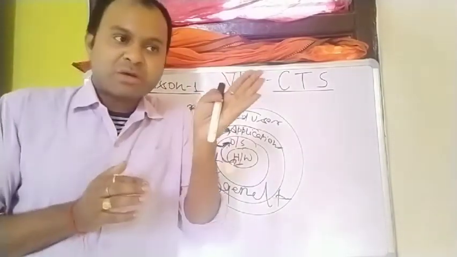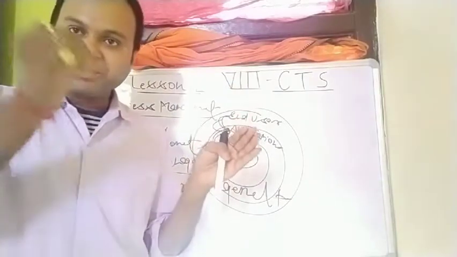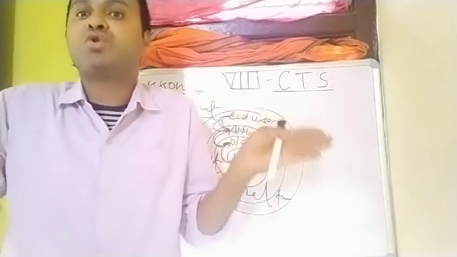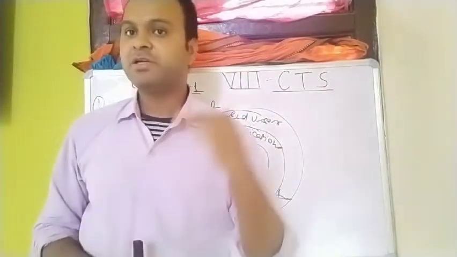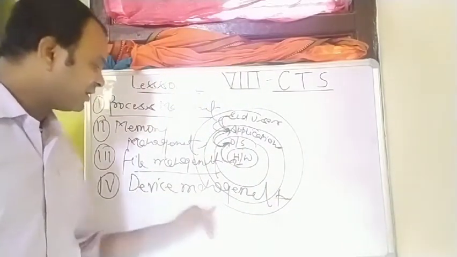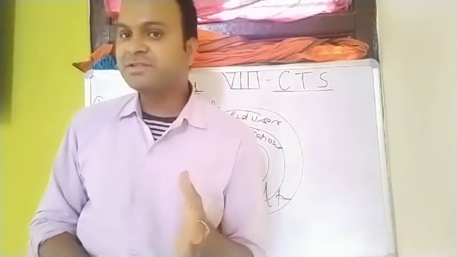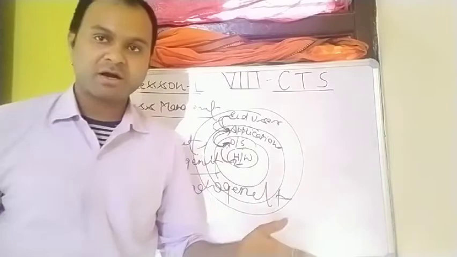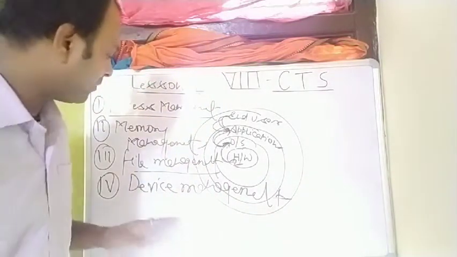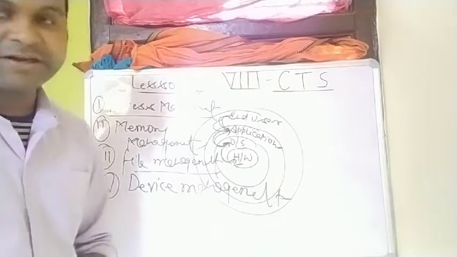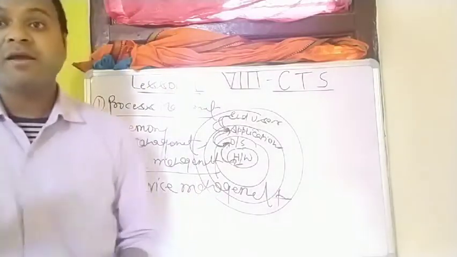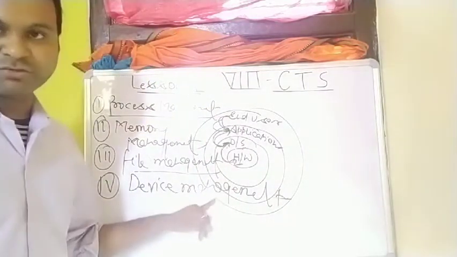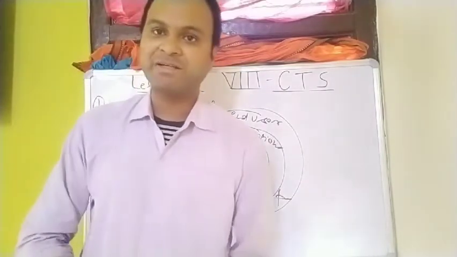See how the operating system enables your RAM to send the information to the hard disk to store the data in an organized order, in a different format. This is device management: the operating system enables the different hardware parts to interact with each other without any hurdle or difficulty, very smoothly. This is managed and controlled by the operating system.